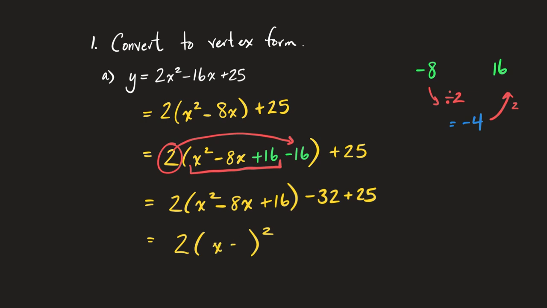I knew that was going to be the inside of my factor. Okay, now I can collect my -32 plus 25 gives me a -7. And you will notice that that equation is now in vertex form. There we go. There is a completing the square.